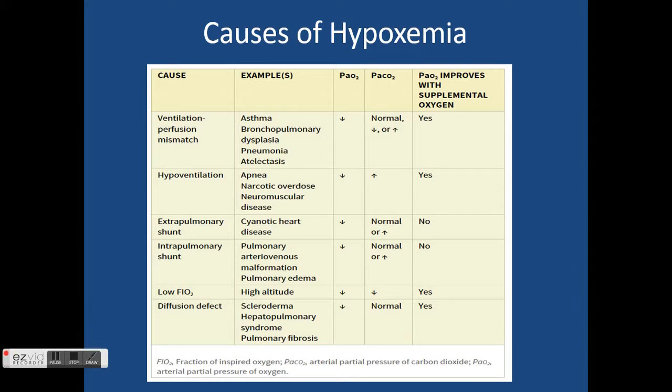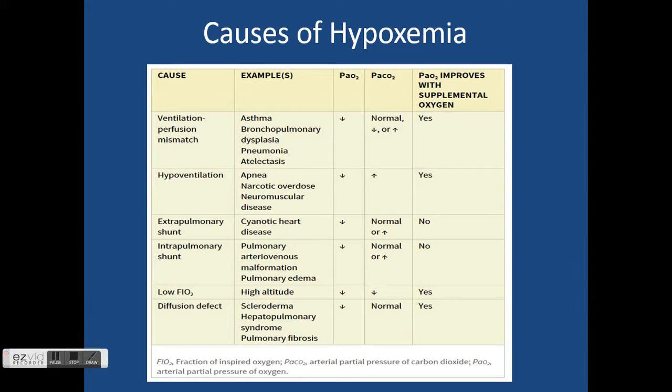Another etiology of hypoxemia is intrapulmonary shunt. This is where you have diversion, okay, where blood is going by areas that are not oxygenated. Examples include pulmonary AVM and pulmonary edema, and typically, again, the PaO2 is low, and depending on how sick they are, they can have a normal or elevated CO2.